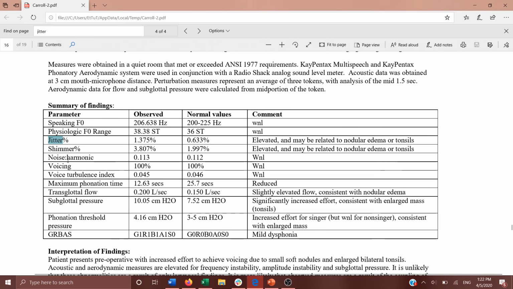And you can see that this person is right there close to the normal values, right? So they don't have a lot more noise, but they do have more jitter and shimmer. We compute harmonic to noise ratio, and in that case, a larger number is better because the harmonic is on the top of the equation and the noise is on the bottom. So you've got to be mindful of what you're looking at.